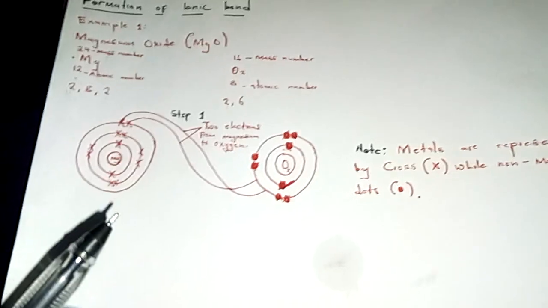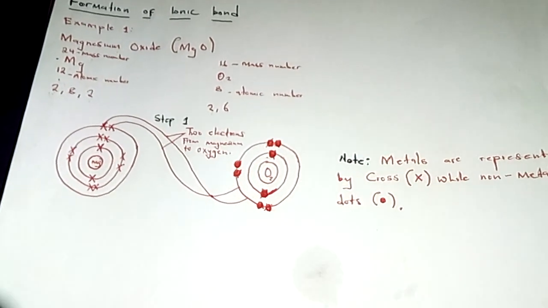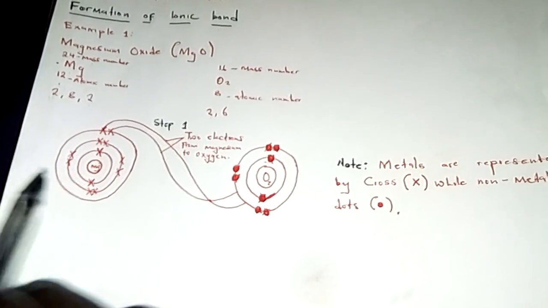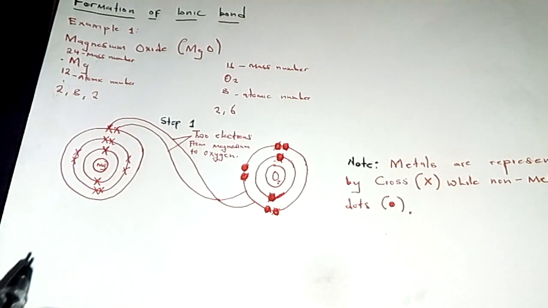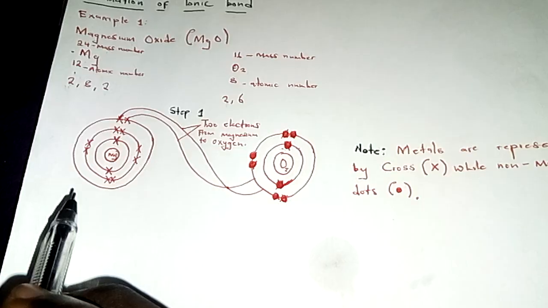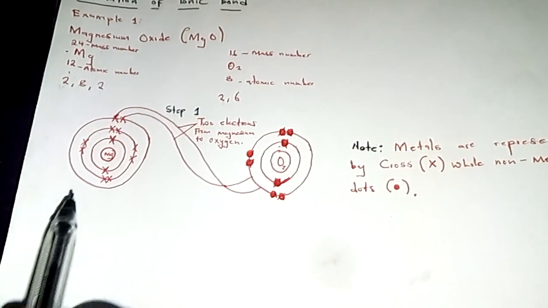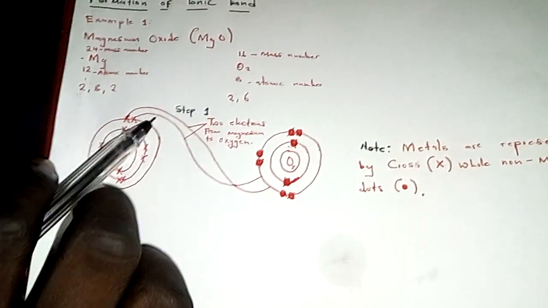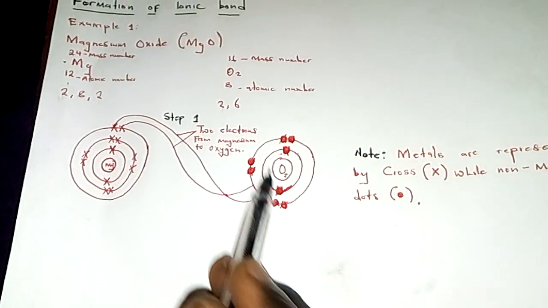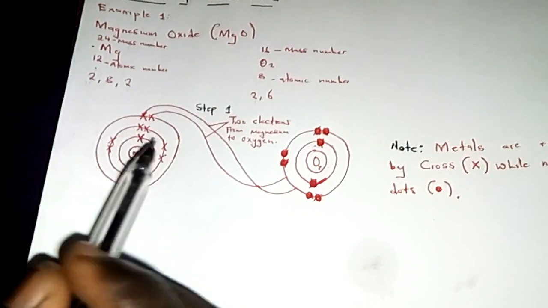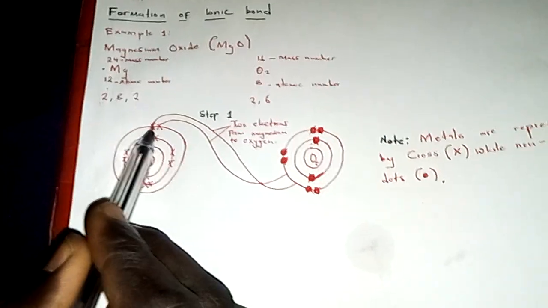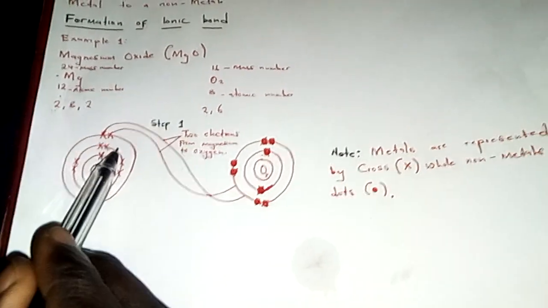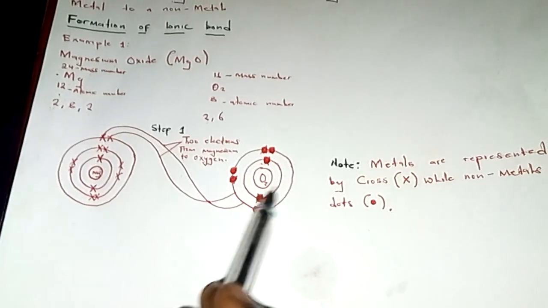From the point I mentioned earlier, metals lose electrons to form a positive charge, and non-metals gain electrons. So in order for oxygen to have 8 electrons in the outermost shell, 2 electrons must be transferred from magnesium to oxygen.